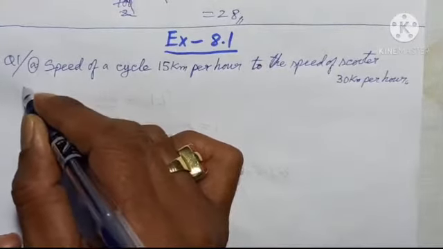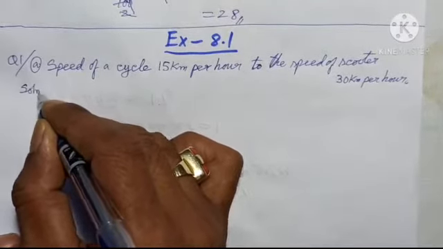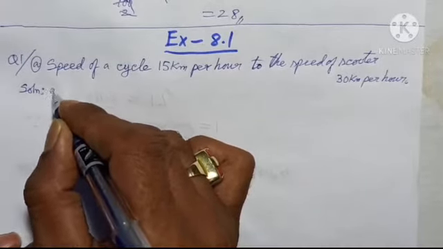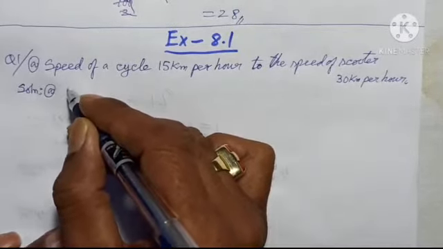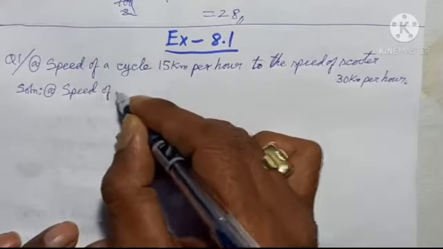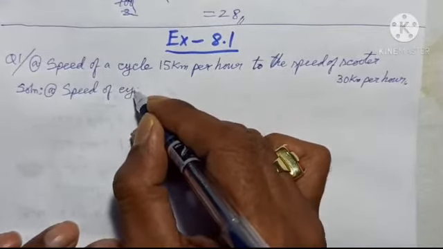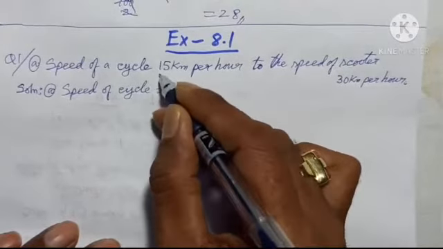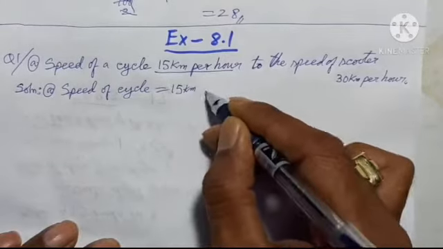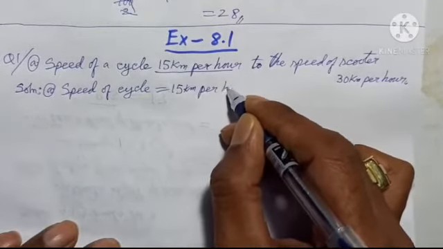Question number 1A. Now solution. First, let's write speed of cycle. Speed of cycle is 15 kilometer per hour.